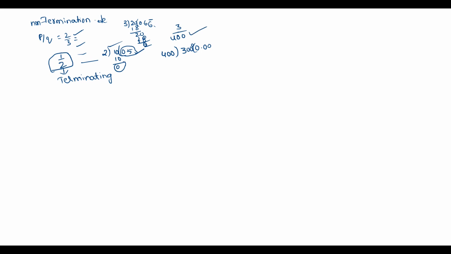So there is a method to easily find whether a number is terminating or non-terminating. For that, we consider a condition. Here p by q means q is not equal to 0 for rational numbers.